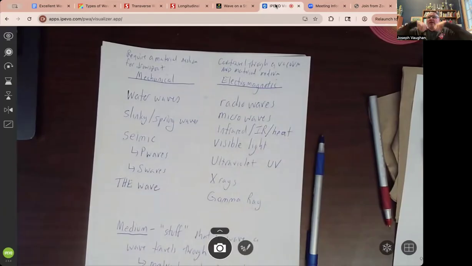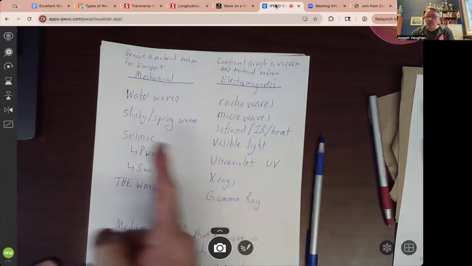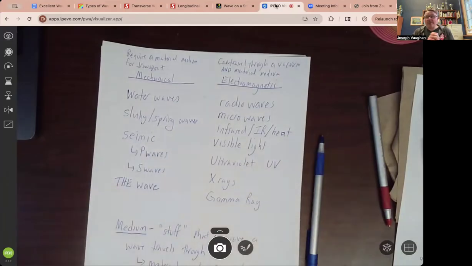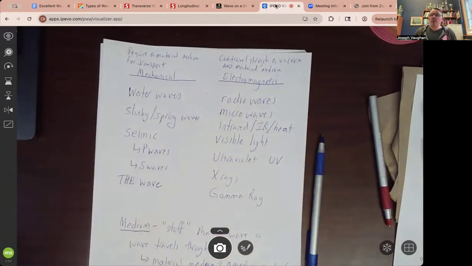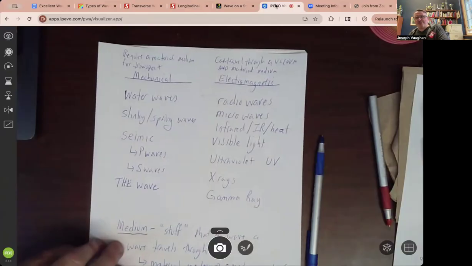Yep, they put the big lead bib on you and those x-rays can't travel through that lead. I have a wall behind me. Visible light is not shining from Miss Marcini's office into my office. So not all types of electromagnetic waves can travel through all material media, but they can travel through some. But the most important thing is can travel through a vacuum, cannot travel through a vacuum. And so that becomes our distinction between these types of waves. All waves are either electromagnetic or they are mechanical based on whether or not they can travel through a vacuum.